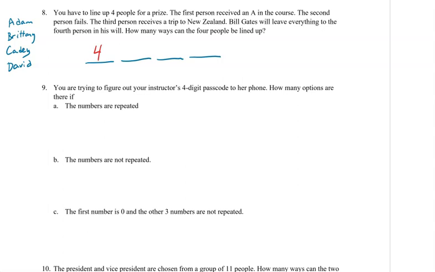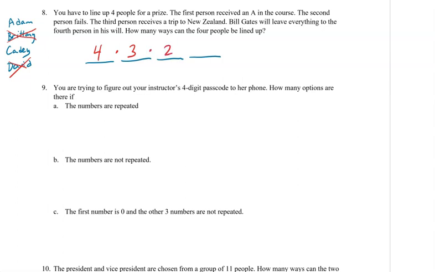Now keep in mind that we cannot get 2 prizes, right? So let's say that Brittany got the A in the course. Well, there's only 3 people left. So out of those 3 people, let's say that David got the F in the course.